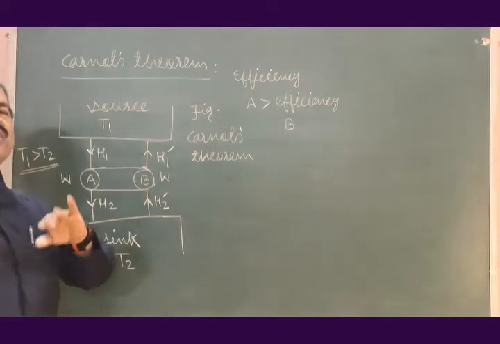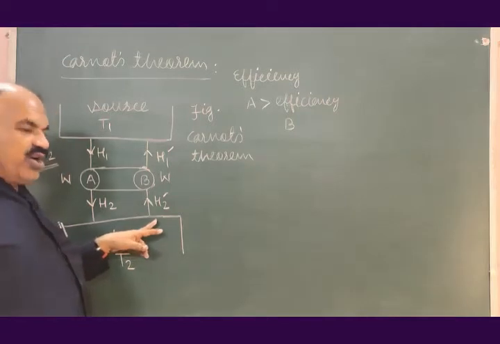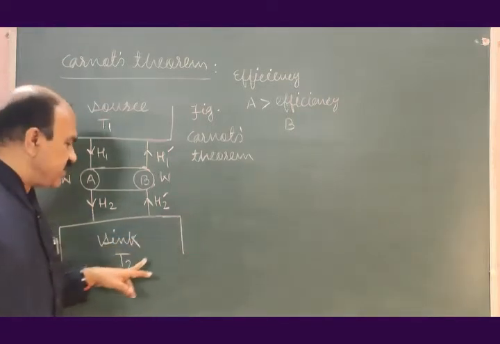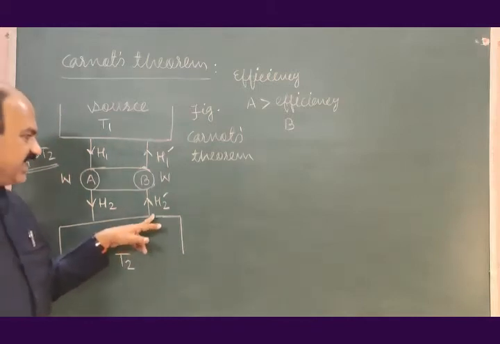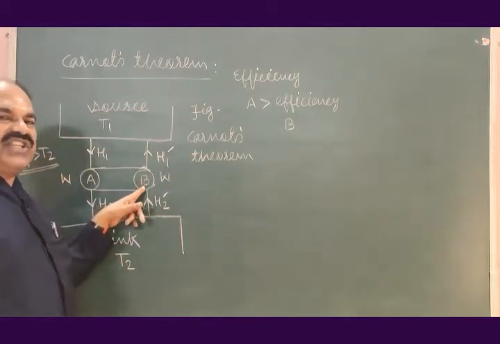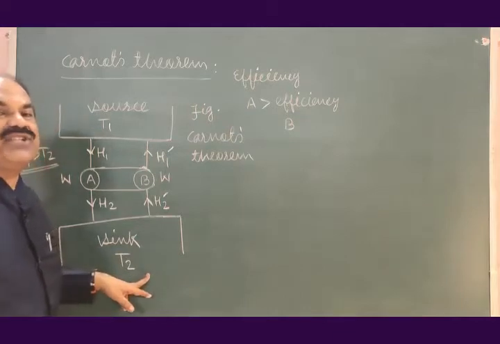Let us go about heat engine B. Heat engine B draws heat energy H2 dash at a constant temperature T2. Heat energy H2 dash is drawn from the sink at constant temperature T2.